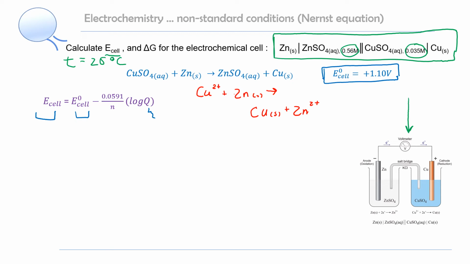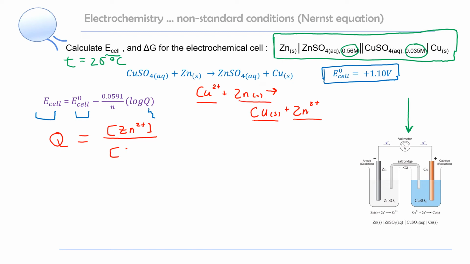So Q here, starting with products, zinc metal's on the reactant side, but copper is a solid, so you don't include a term. I've got zinc ions in solution, so it's the concentration of the zinc ions to the first exponent over reactants. That's in solution. That's a solid.